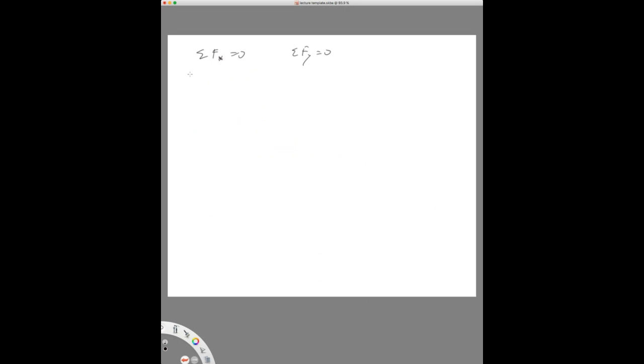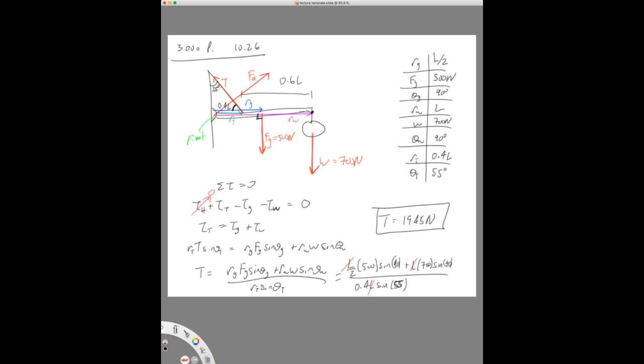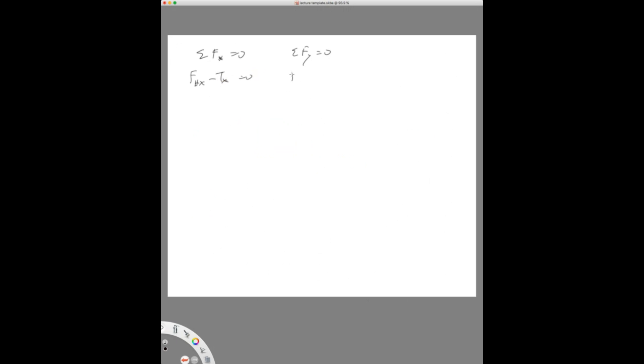So in the x direction, we just have F hinge x minus Tx equals 0. Going back and looking at our picture, only the force hinge and the tension have x components. And then in the y direction, all four have y components. So we have F hinge y plus Ty minus force of gravity minus W equals 0.